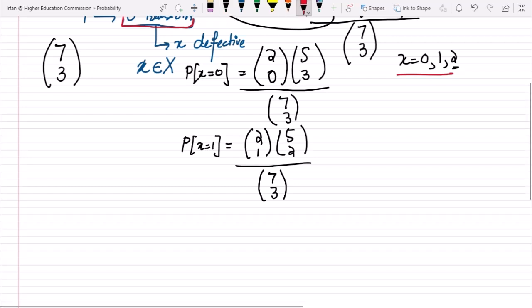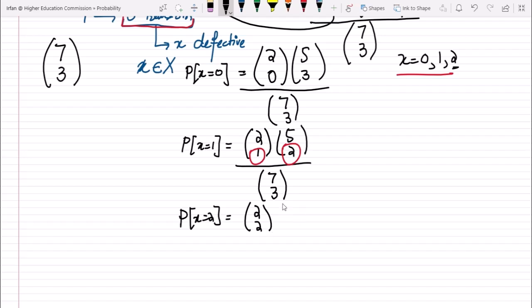This is the choice in which I have one defective item and two non-defective items. I have to solve it as well. And the third case is P(x equal to 2), and here it would be 2 choose 2, and 5 choose 3 minus 2, which is 1, divided by 7 choose 3. So these are all the choices which we have.